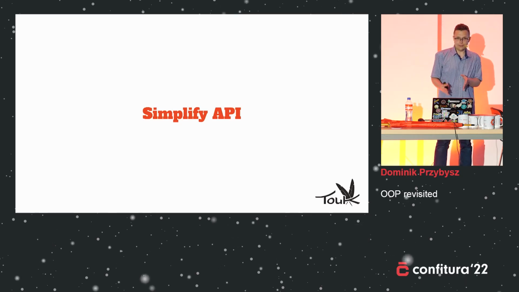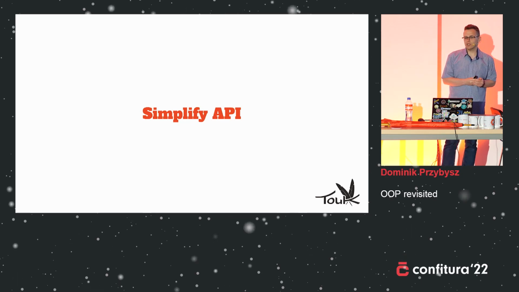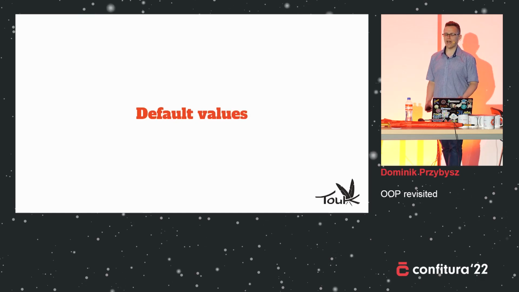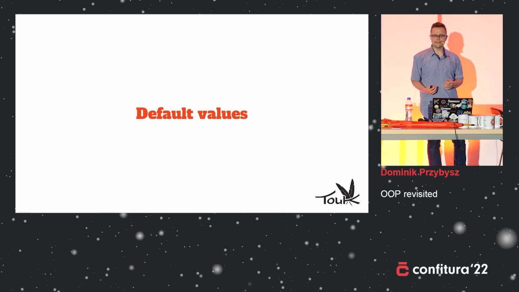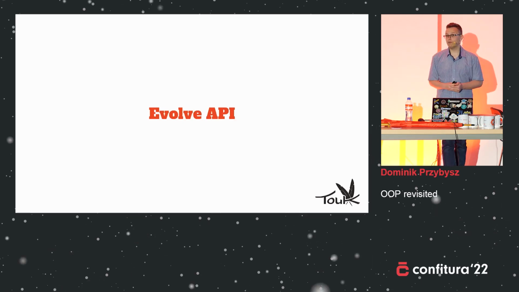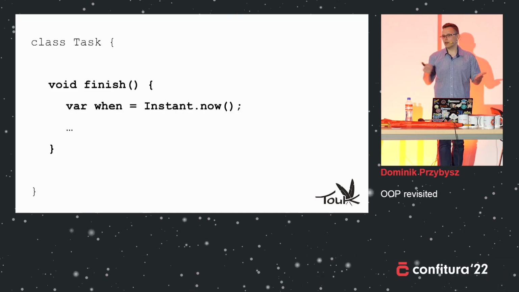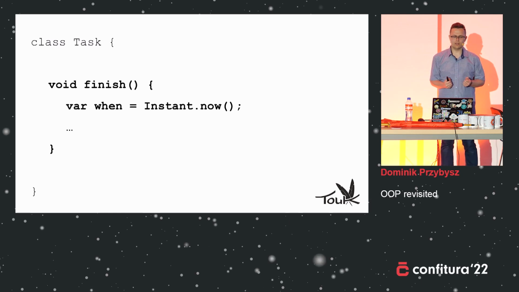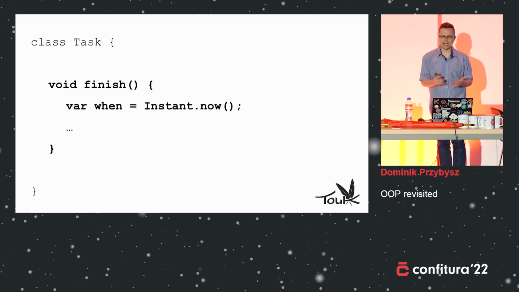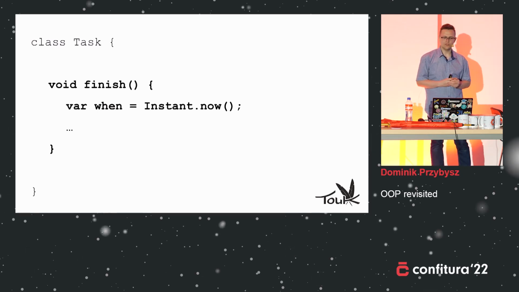Additionally, we can still use the same names that mean something for clients of our API. And this is the place where we very often add some default values to our software. Because we are doing so, this is also a great way of evolving our API. So we created our object a very, very long time ago, and it has the finish method, and it is coupled to the constructor of some moment of time when the task was finished.